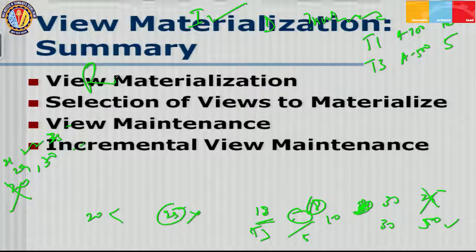Then for view maintenance, we looked at why we need to maintain views, and when and how. Today we discussed incremental view maintenance, where I looked at most of the operators in relational algebra, and once we know how to handle them incrementally, we can handle any relational algebra expression incrementally. And a materialized view is nothing but a relational algebra expression.